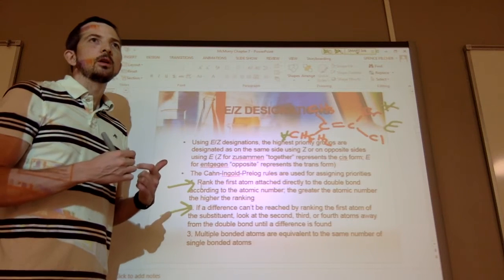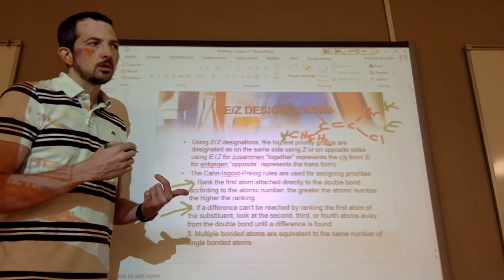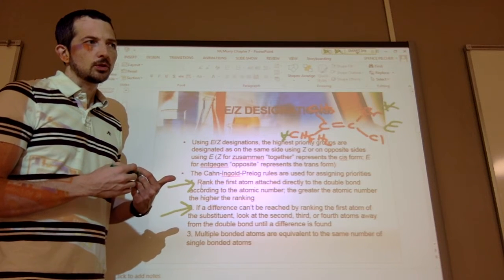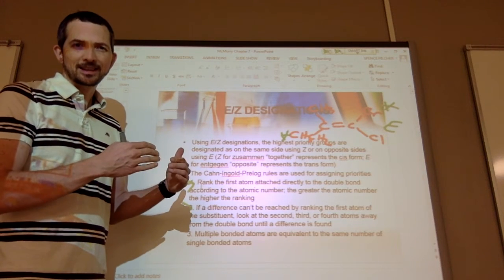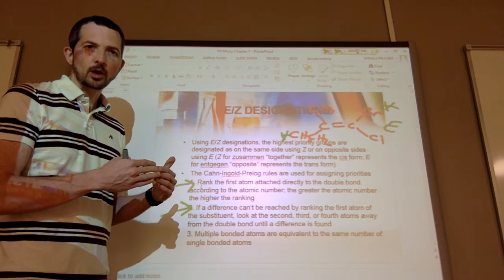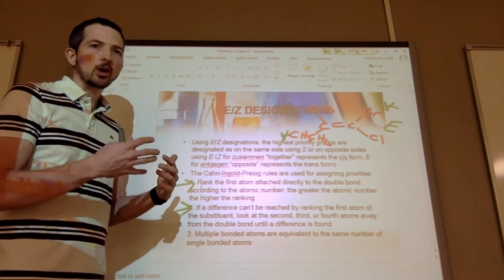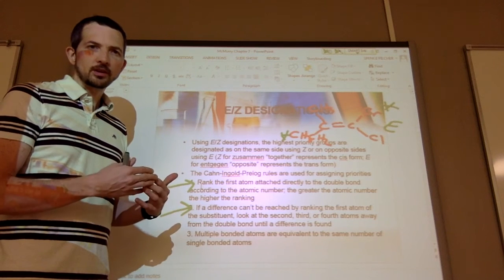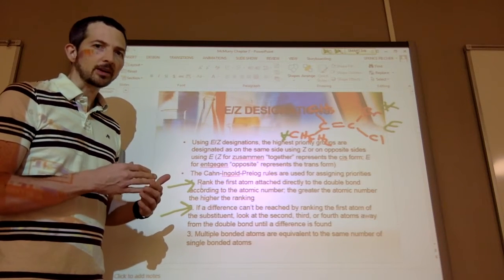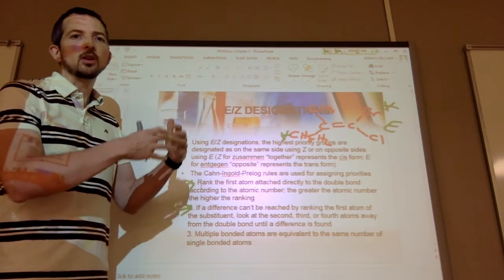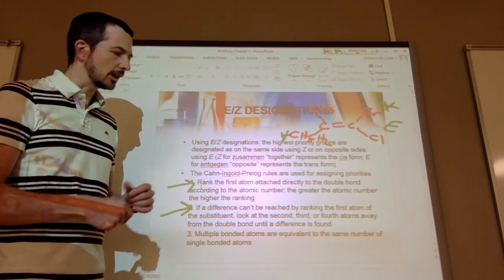So two oxygens at the second position is going to be a higher priority than one oxygen at the second position. But three carbons is not higher priority than just a single oxygen. You still go by atomic number, and then you just compare the number that you have of that atom if they're identical.